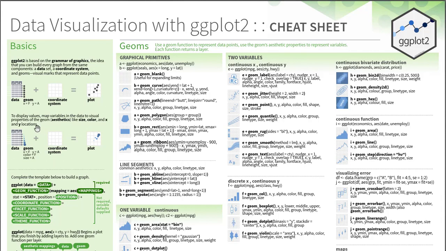It reminds you that you have aesthetics like size, color, and X and Y locations. And then it says all you need to do to build a graph is complete this template where you're putting in data, the geom, the aesthetics.